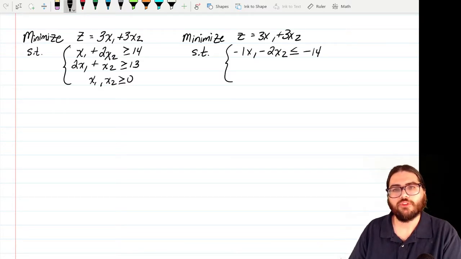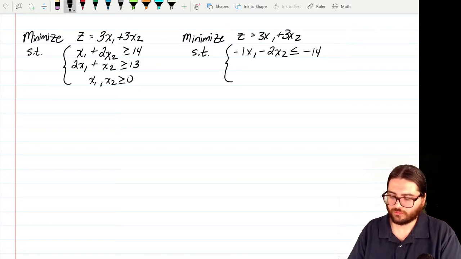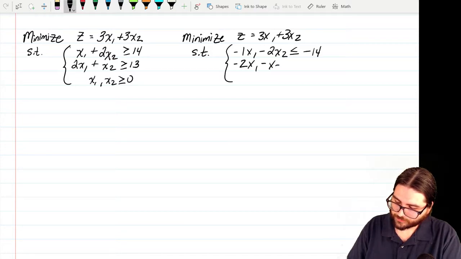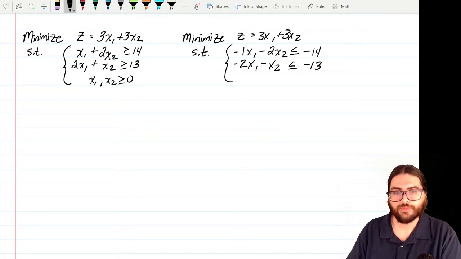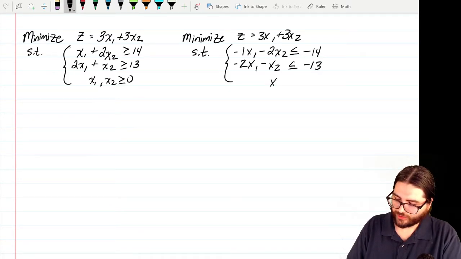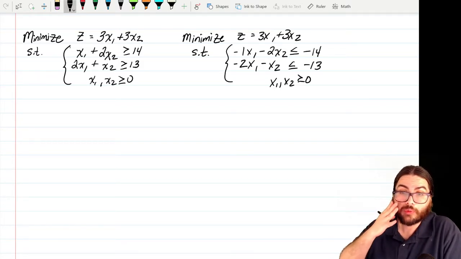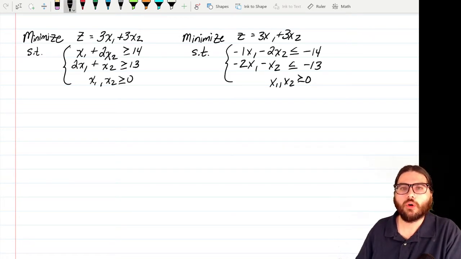That gives me a negative number here. It's okay. We'll fix that. Multiply times -1. -13. I still have x1, x2 have to be positive. And when I add the slack variables in there, they have to be positive too. But we don't always write the system of equations before we go to the matrix.